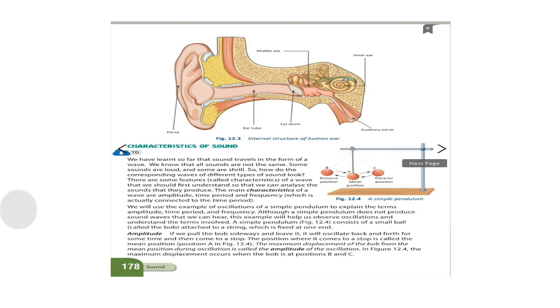All of you see the picture: mean position, one extreme position B and another extreme position C. So that is the maximum displacement of the bob from the mean position during oscillation.